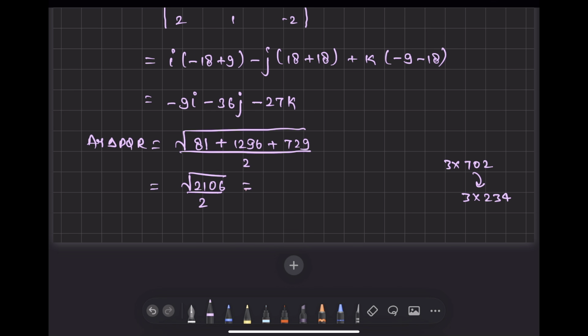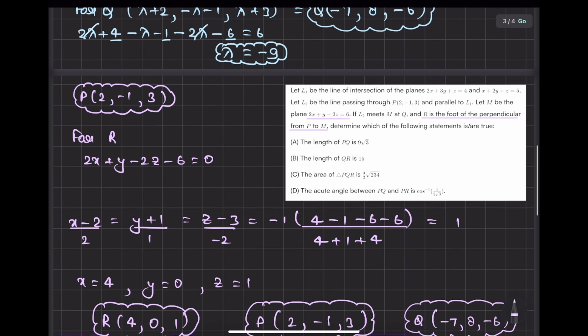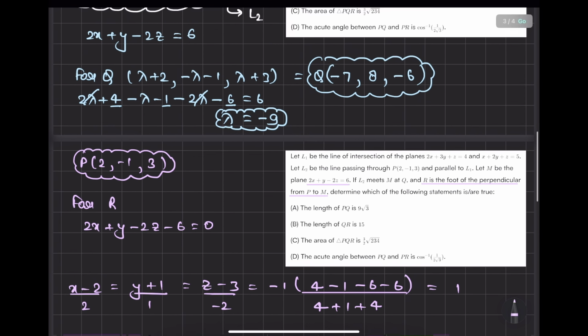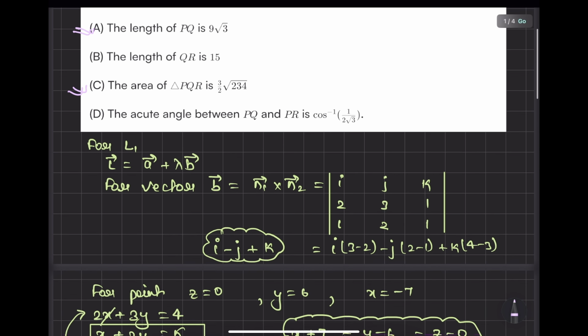So it is 3 by 2 root 234. Great, great. So option C is also correct. So much of labor. It's okay.